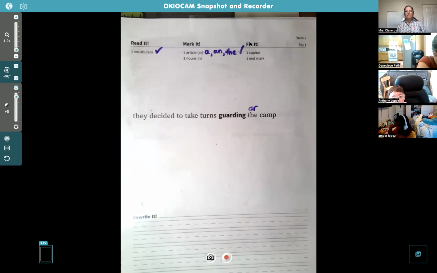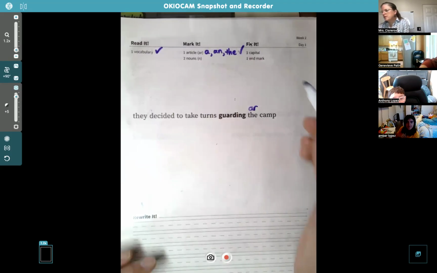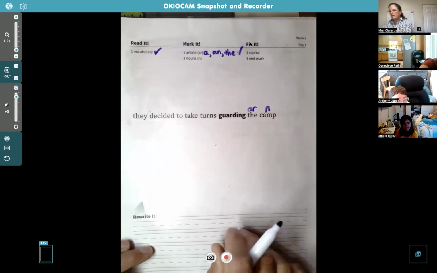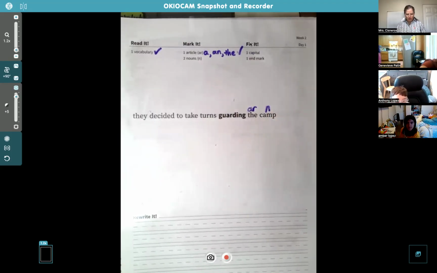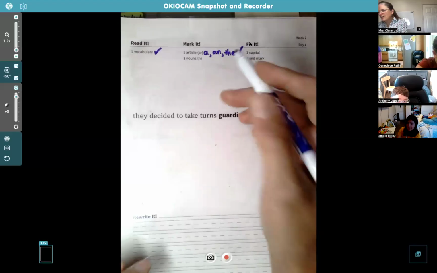And then Amber, when you're ready, do you see two nouns? One of them is really hard. One of them is pretty easy to see, but where are the nouns in that sentence? Camp. Camp is one. The other one's tricky, I will say. It is tricky. Turns. It is very good. It's turns.